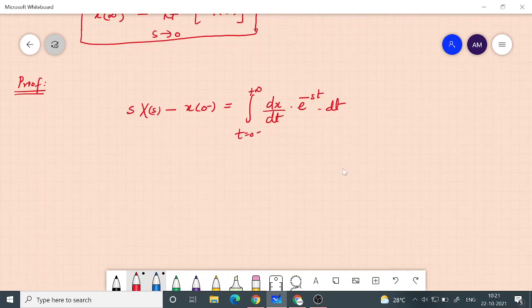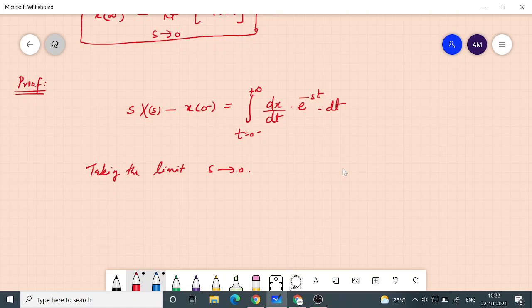So we take that result, and then we are going to do a manipulation. This time the manipulation is taking the limit directly, s goes to 0. So what will happen to the RHS?